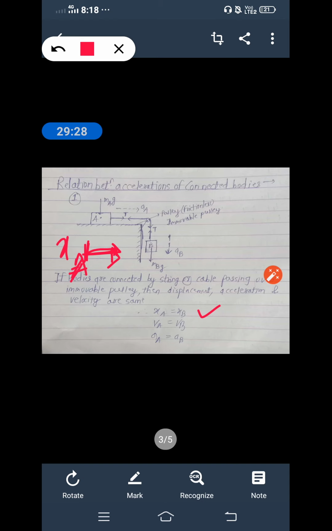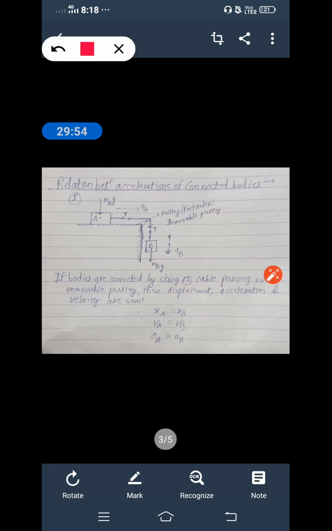And tell me, student, where is XB, the displacement of block B, in the downward direction. That is XB, and both are the same, provided the pulley is frictionless as well as immovable. That is important.